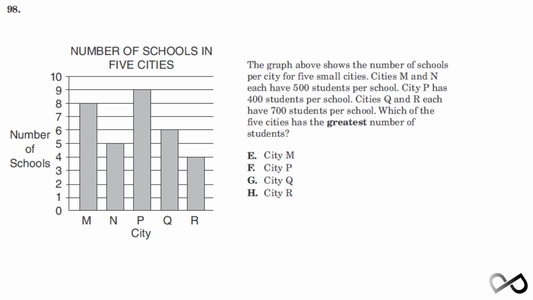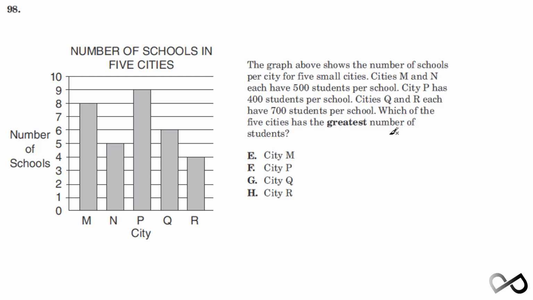Welcome back, everyone. We're continuing on with the math multiple choice questions. We're on number 98, and in number 98, they give us a graph and they tell us the graph shows the number of schools per city for 5 small cities.